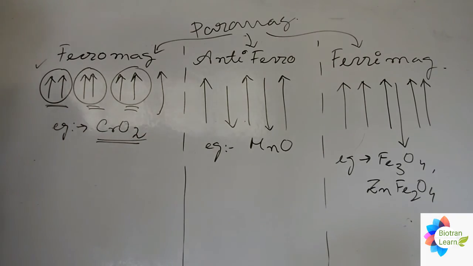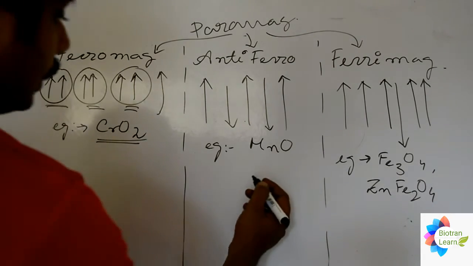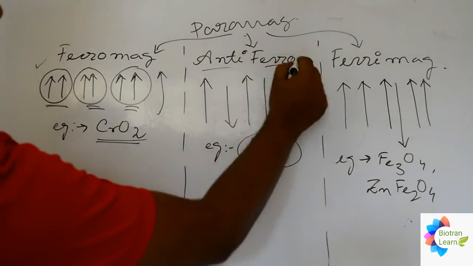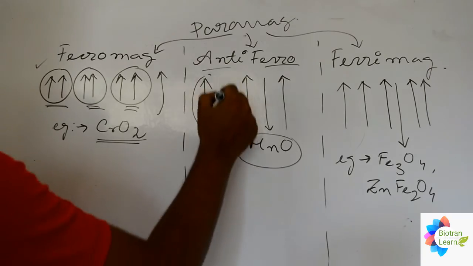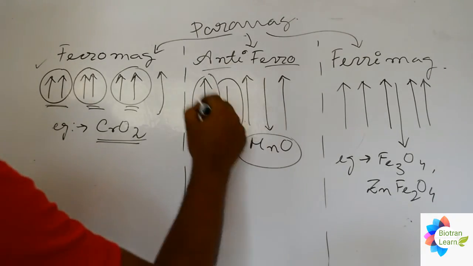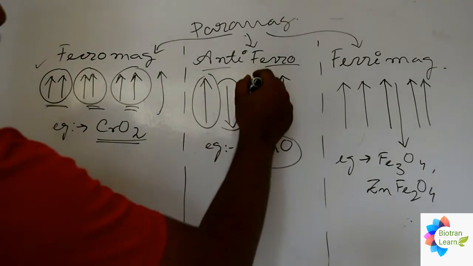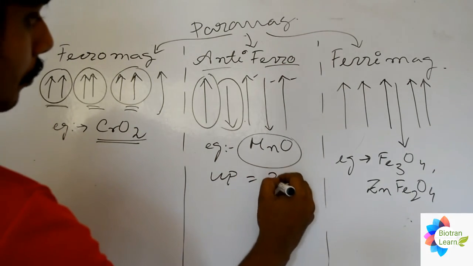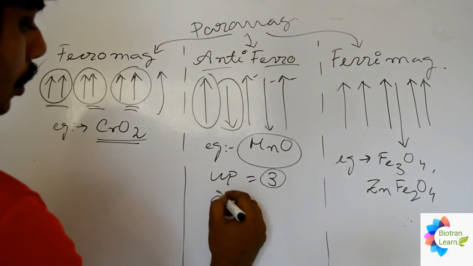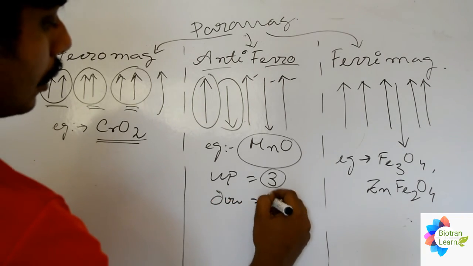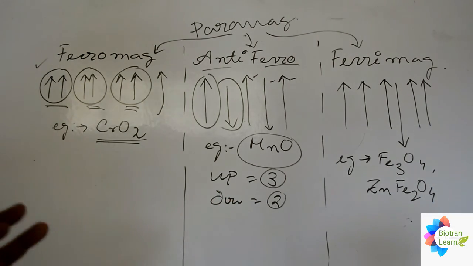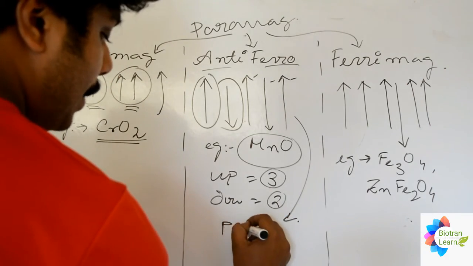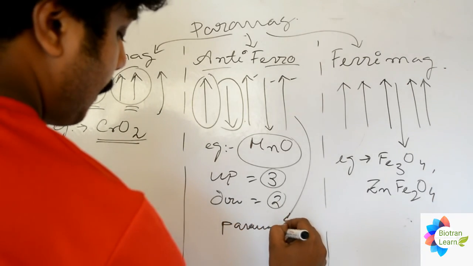An example is chromium dioxide, and in case of MnO we can see antiferromagnetism. If one is in this direction, another one will be in the opposite direction. Then upward there are 3 arrows, and downward there are 2 arrows. So they are not balancing each other. That's why they will generate a paramagnetic-like property in heat.